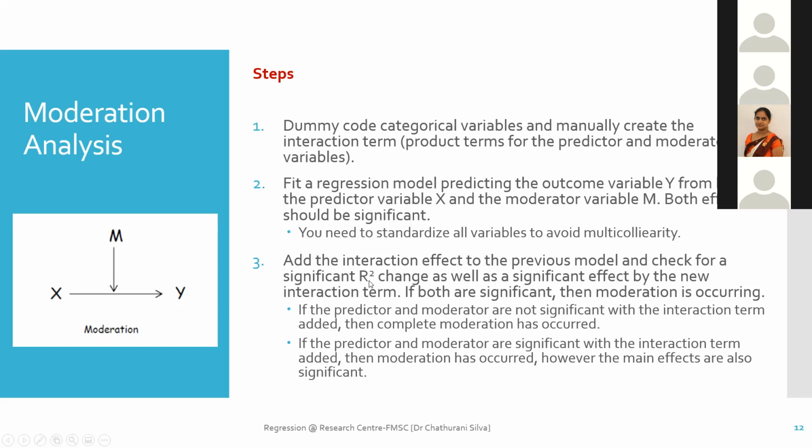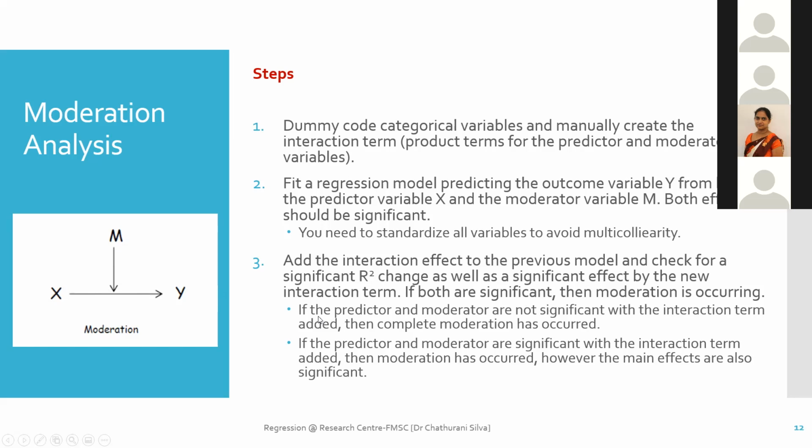Following the same method I explained last time, you can check the significance of R square after adding the interaction term, right? Then you must have a significant R-square change in your model if your moderator is significant. If both are significant, then moderation is occurring, right? Both are significant means the interaction effect should also be significant.